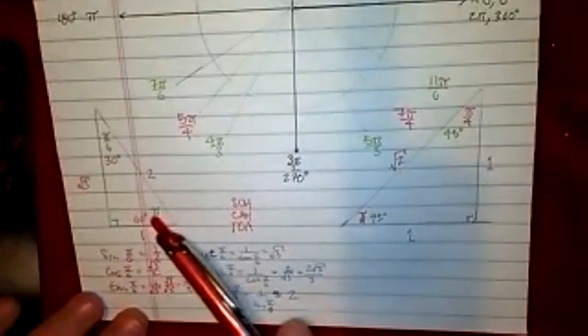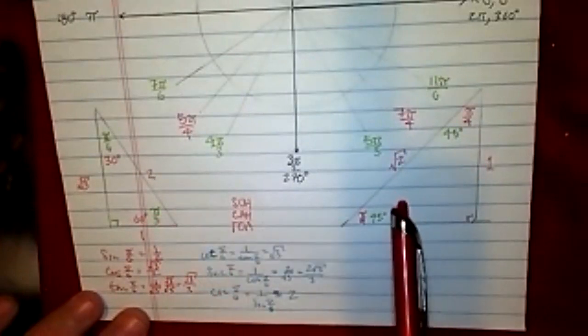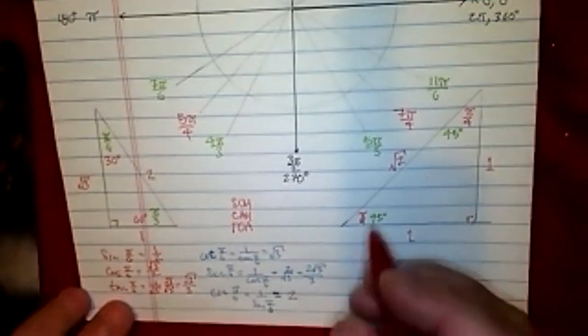Now you can do the same thing with that triangle for pi over 3, and then you can come over here and do it for pi over 4 as well. So let me start. I'll just write these down.